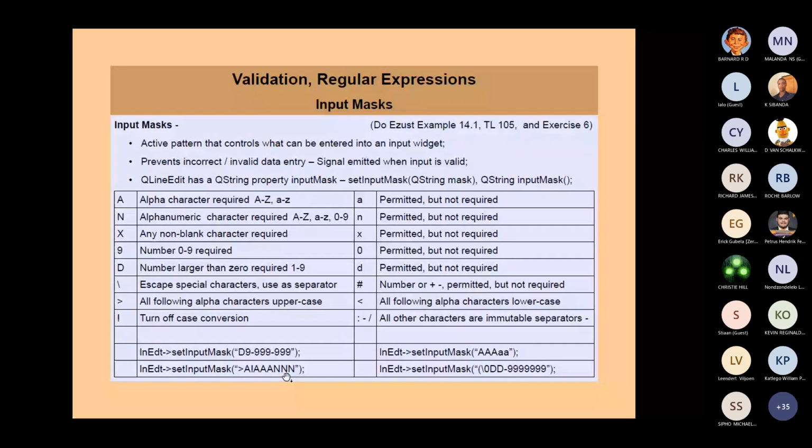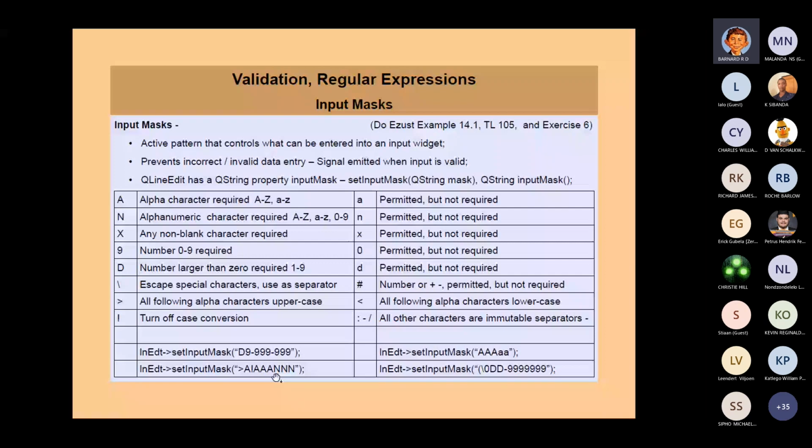And then the capital N's means any alphanumeric character which is compulsory, means it can be alphabetic or a digit. So that is what that input mask does. First capital letter, then 3 compulsory alphabetic characters, followed by 3 compulsory either alphabetic characters or digits.